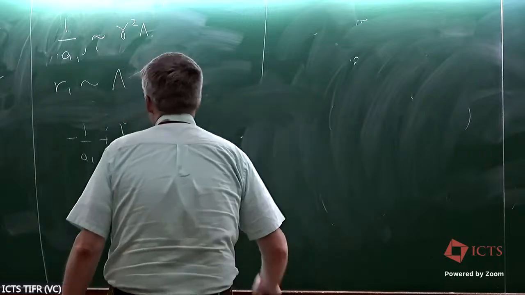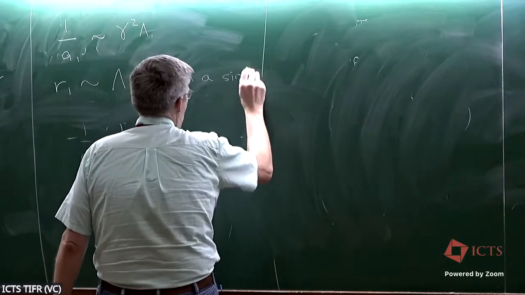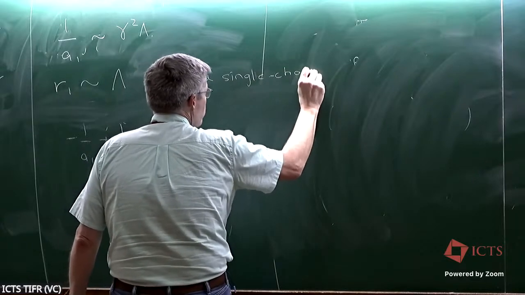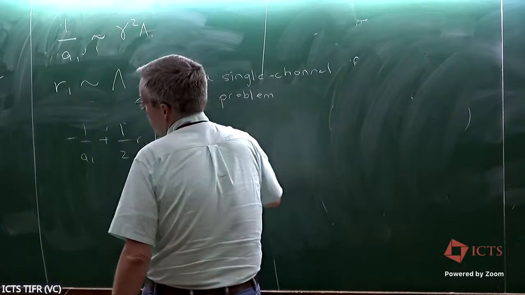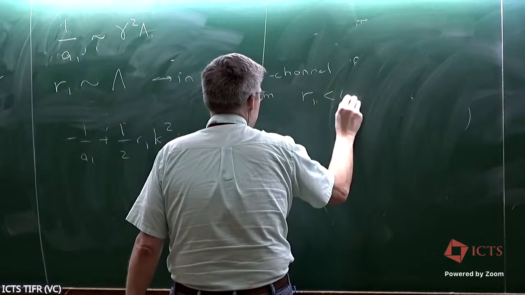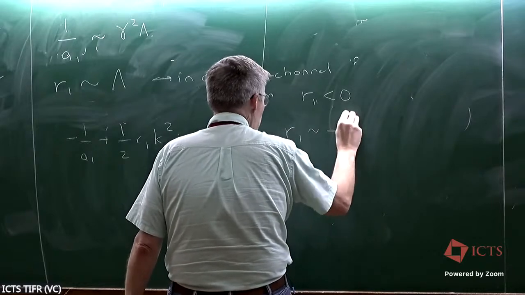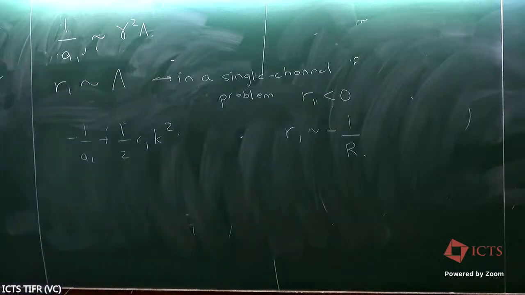In a single channel problem, there's actually a bound, just as there is for S waves, that R1 should be negative and of order minus 1 over the range of the potential. So this counting, that R1 should be of order lambda, is natural. It's not just natural, it's consistent with known things from scattering theory.